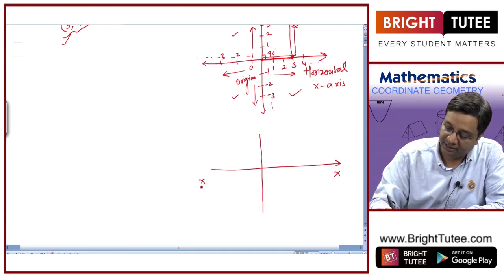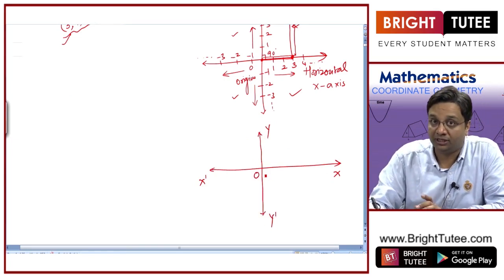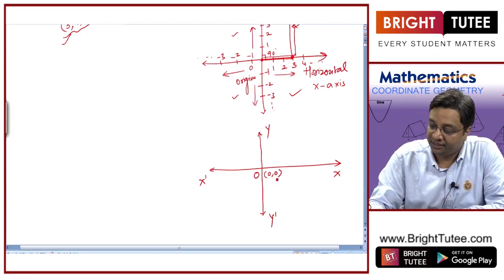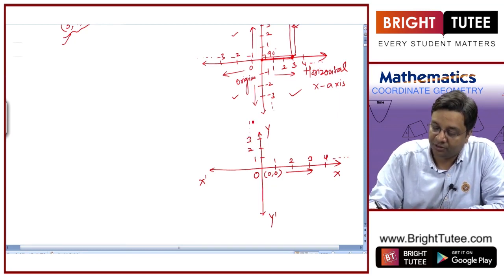This is x, this is denoted by x dash, this is y, and this is y dash, and this is O. The coordinates of origin are always (0, 0), right? And then on this right hand side you see that the coordinates are positive, 1, 2, 3, 4 and so on, and when you go upwards the y coordinates are positive.